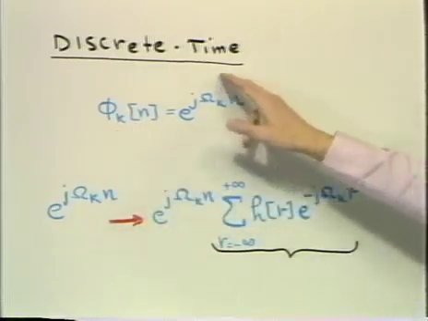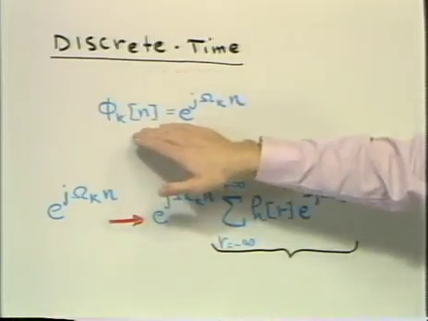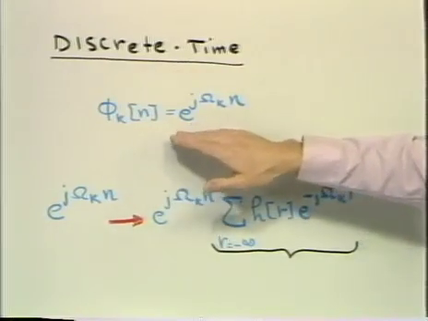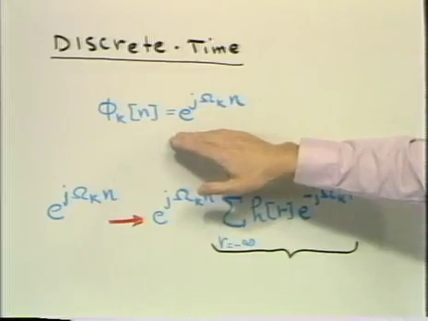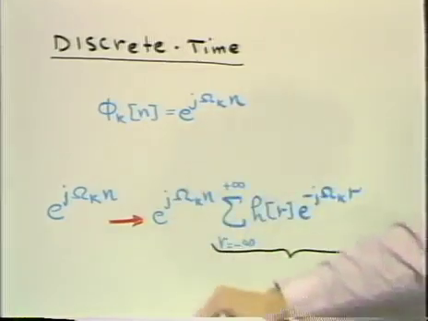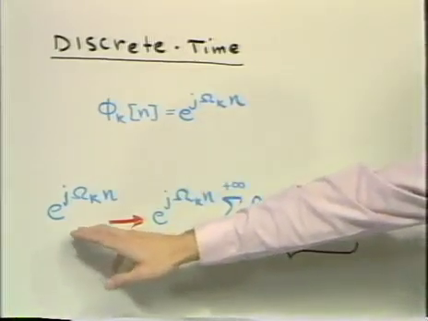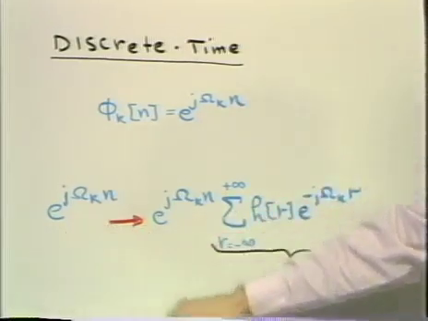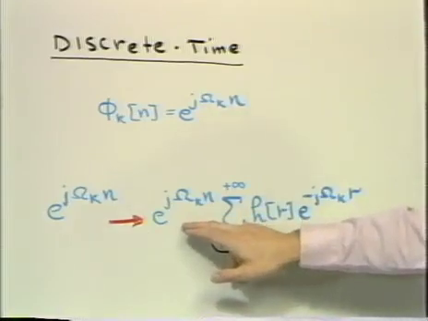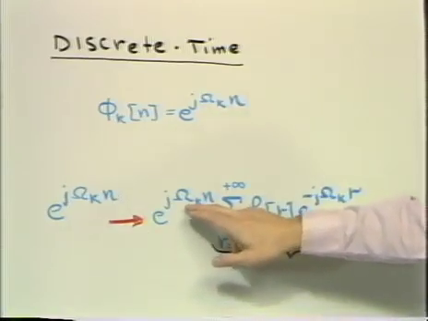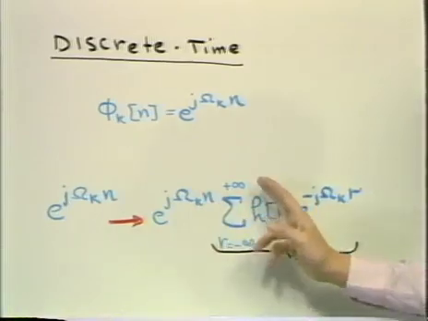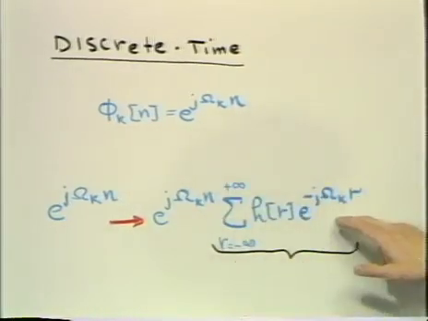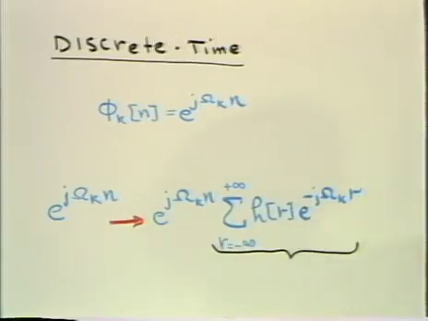Well, let's begin with the eigenfunction property, and let me just state that just as in continuous time, if we consider a set of basic signals which are complex exponentials, then discrete time linear time invariant systems have the eigenfunction property, namely if we put a complex exponential into the system, the response is a complex exponential at the same complex frequency, simply multiplied by an appropriate complex constant.